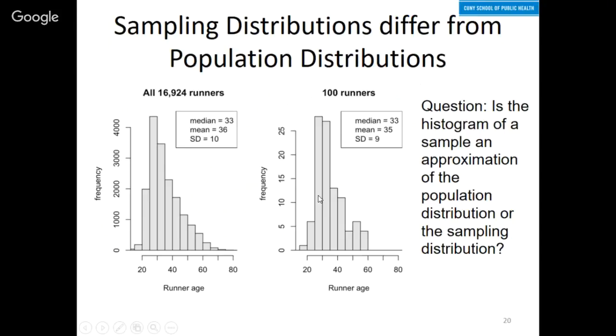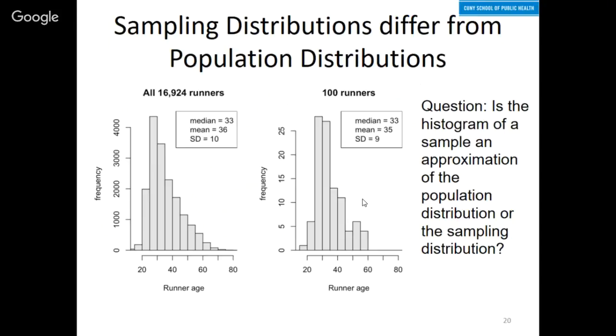So let's take, in this simulation here, these are just ages. I just took the ages, made a histogram for all 16,000, and then a histogram for a random sample of 100. Here's a question. Is this histogram on the right here an approximation of the population distribution or the sampling distribution?